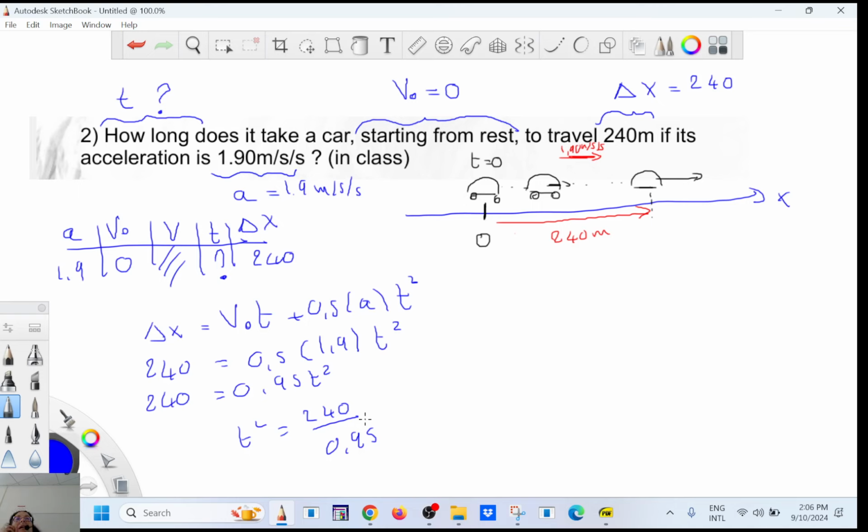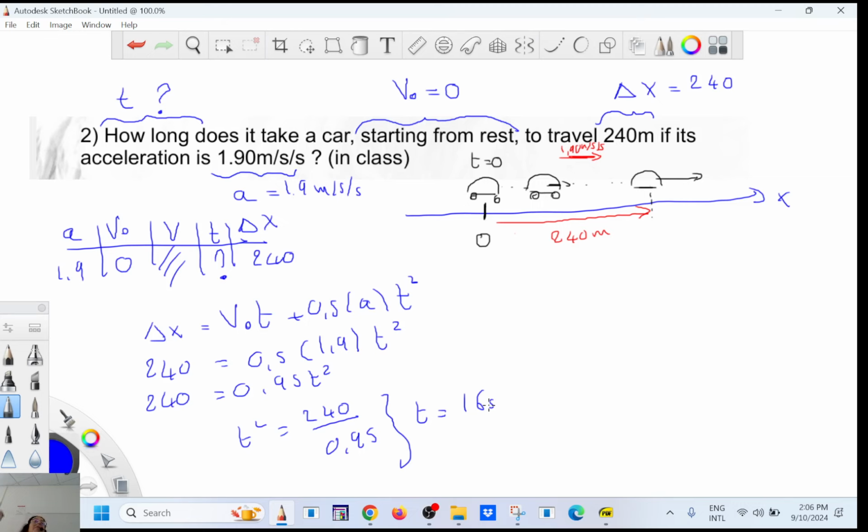Is it right? No, it's not right. What did I do wrong? It's correct. Okay. So the time is 15.9, so about 16 seconds.